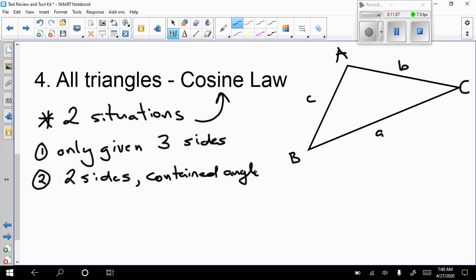In those two situations, you have to use the cosine law. So in other words, if you were given side a, side c, and angle B, that's what I mean by you'd have to use it. Unfortunately, you don't have opposites, so you can't use the sine law. And in this case, for only three sides, if you were given little a, little b, and little c, you would have to use the cosine law.